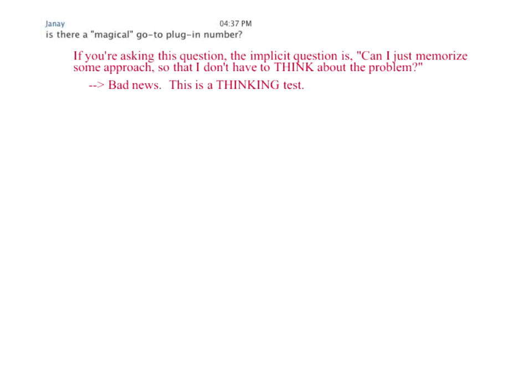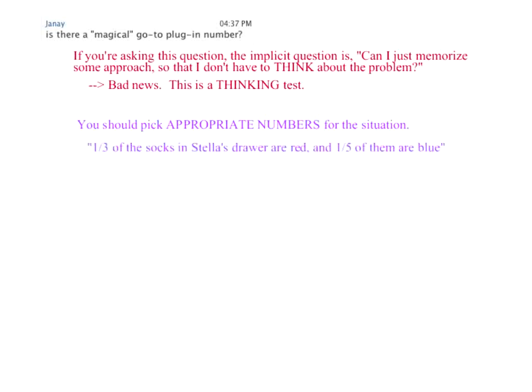The point more directly in response to this question is that you should tailor your numbers to the situation. You should pick appropriate numbers for the situation. So, for example, if 1/3 of the socks in Stella's drawer are red and 1/5 of them are blue, well, then 1 would be an obviously terrible choice for the number of socks.